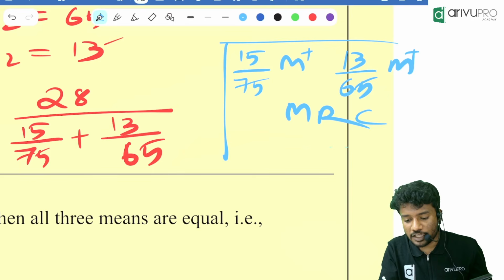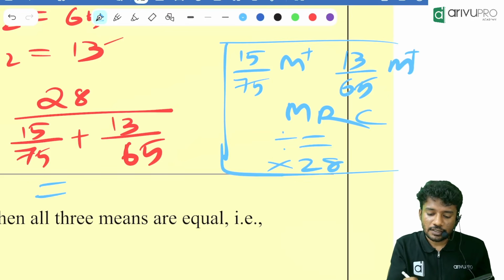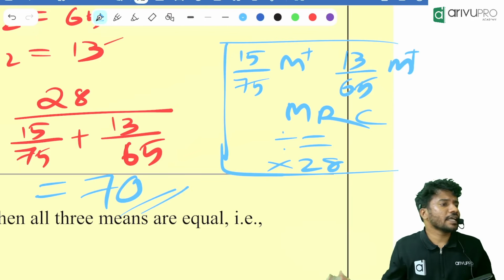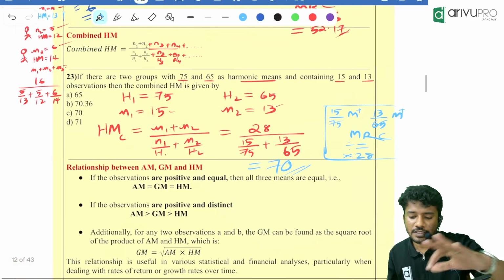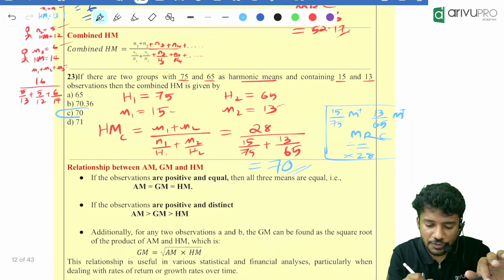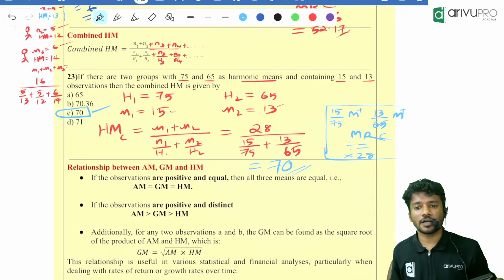Then we need to take the reciprocal. Divide equal to, multiply it with 28. How much is the answer? 70. Or sometimes you will get it like 69.999999. But the answer is 70. Option C is the answer. I hope you understood combined harmonic mean.